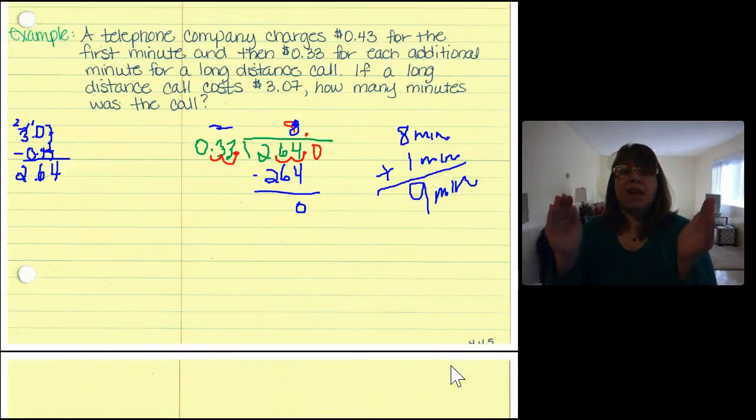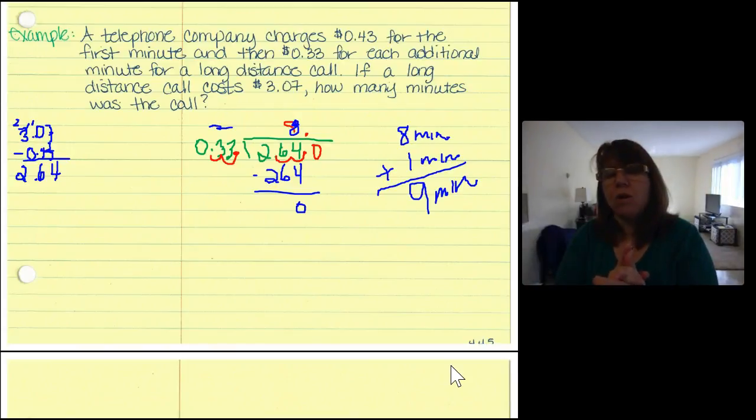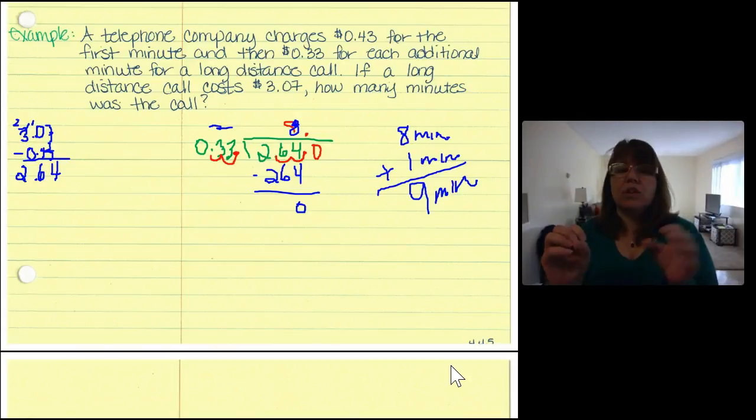So if we take off that first minute, then we can divide the rest of the money by our secondary charge, our 33 cents, and get how many minutes the phone call was at the second rate, and then make sure that you add in the first minute that you had.